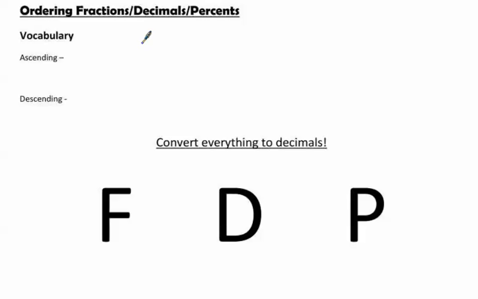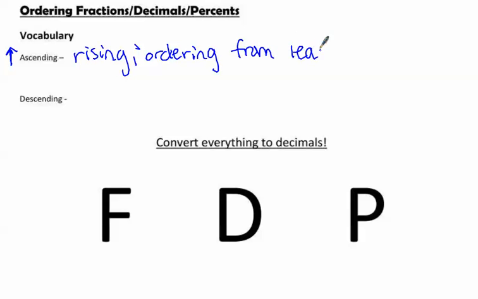Let's look at ordering fractions, decimals, and percents. Starting with the vocabulary, ascending, which means to go up, you are rising or ordering from least to greatest.